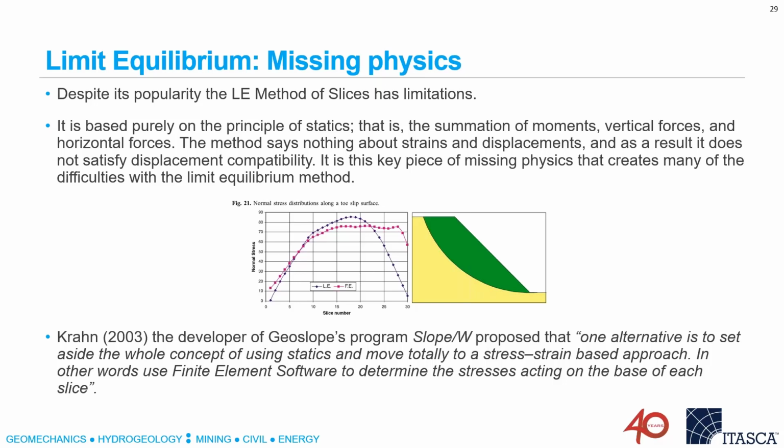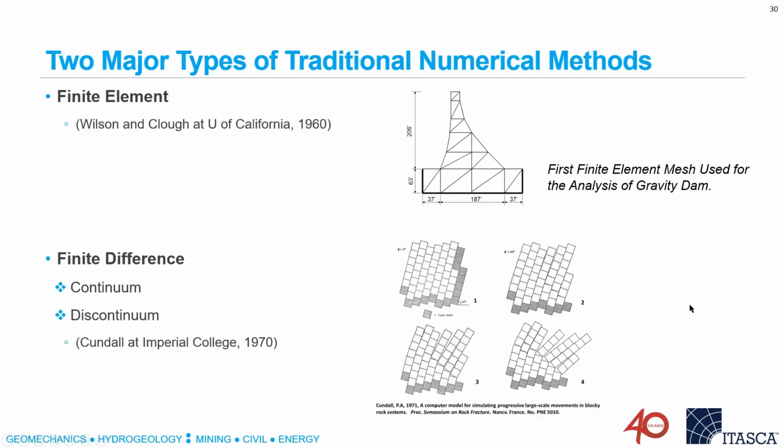Well, seems a bit odd. If you're going to go to the trouble of using finite element software to predict the normal stresses, why not just use the finite element software to give you the whole solution? But of course, he's promoting limit equilibrium as a solution method. But interesting nonetheless.